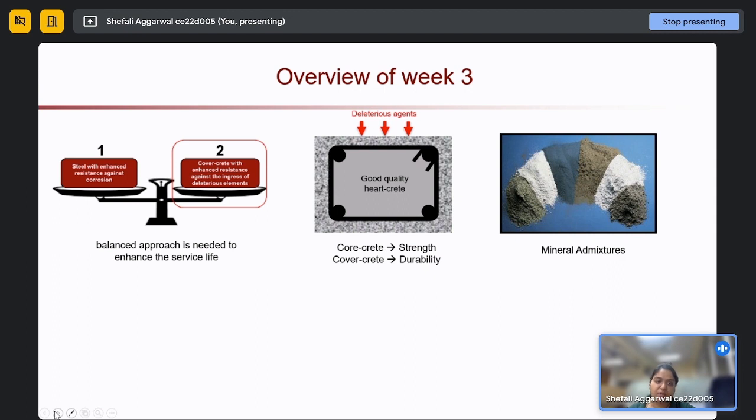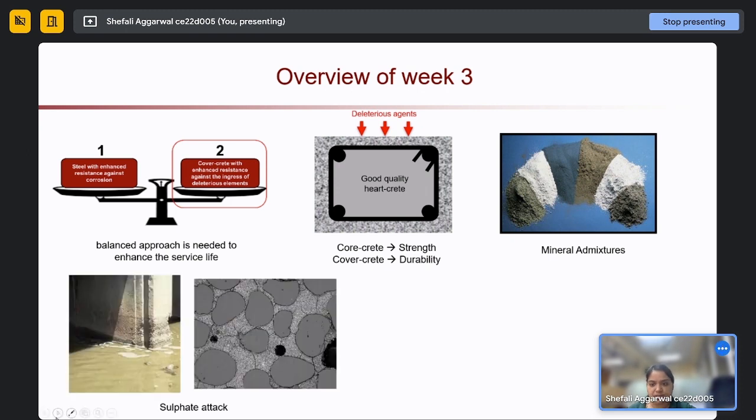Other than that, we have mineral admixtures. They make our concrete more compact and give us more CSH, and you might have read many other advantages of mineral admixtures in this topic.